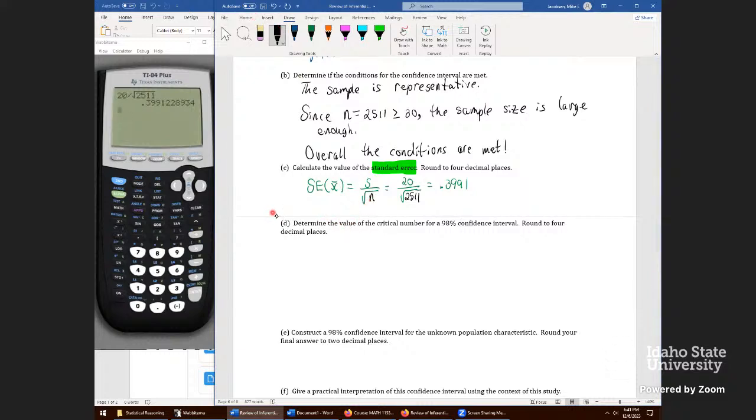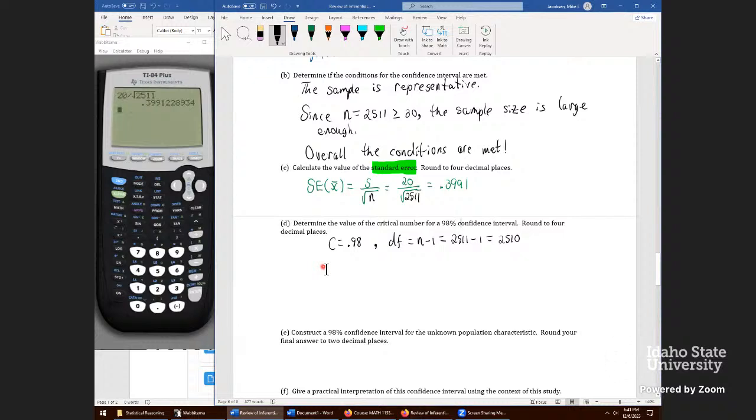First thing we'd want to probably put in is either confidence is 0.98 or deal with the degrees of freedom. I mean, we really need to do both, but as a first step, I guess confidence is a good one to start with. Degrees of freedom is sample size minus 1, so that means it's going to be 2511 minus 1 for 2,510.